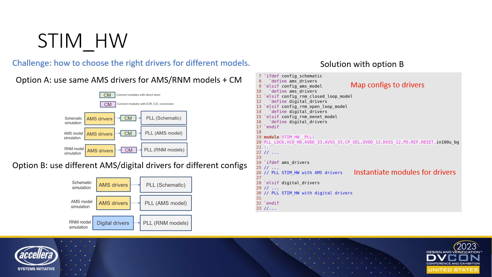As AMS drivers provide electrical output and real-number models need a real-time input, E2R connect modules need to be inserted in between. For option B, instead of using connect modules, we can use dedicated digital drivers to drive the real-number model. On the right side is an example of stimulus code based on option B. With different configs selected, we can choose either digital drivers or AMS drivers.